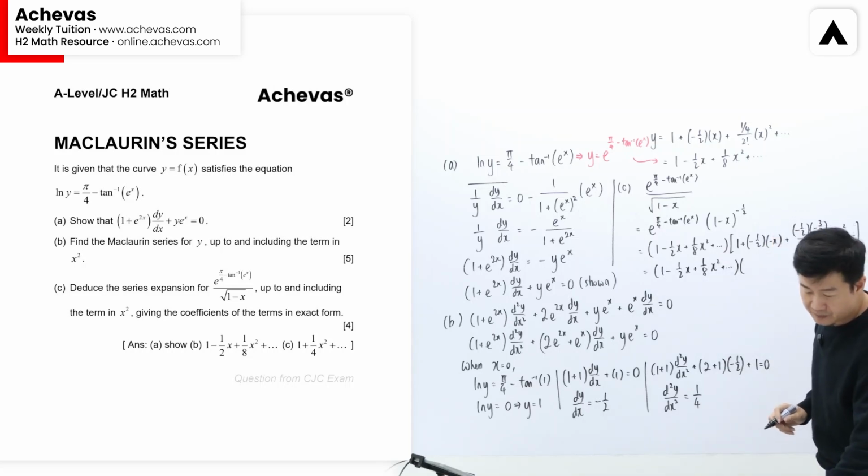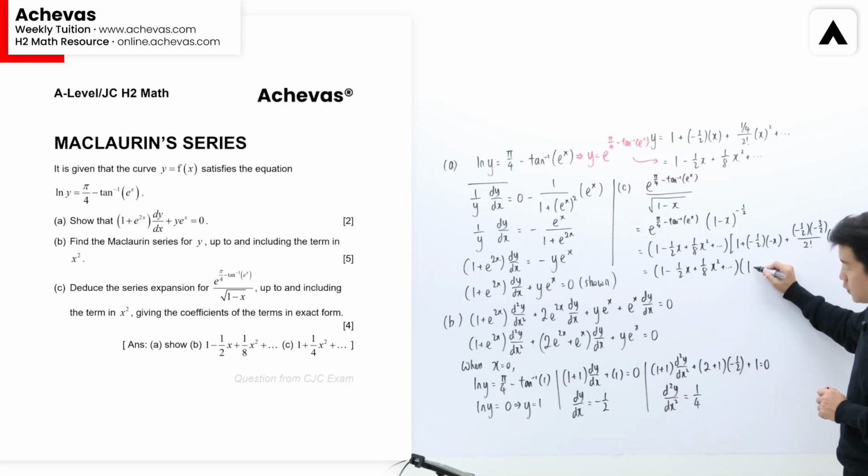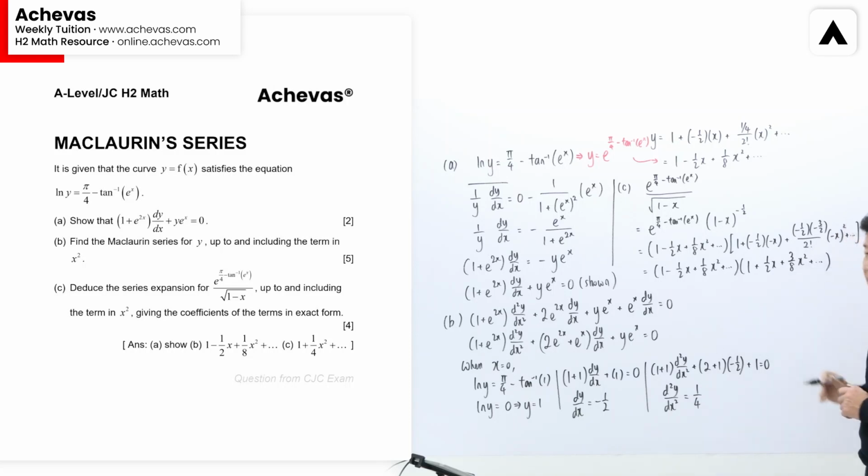Expanding this, this is going to give me 1 plus half x plus 3 over 8 x squared, all the way until infinity.